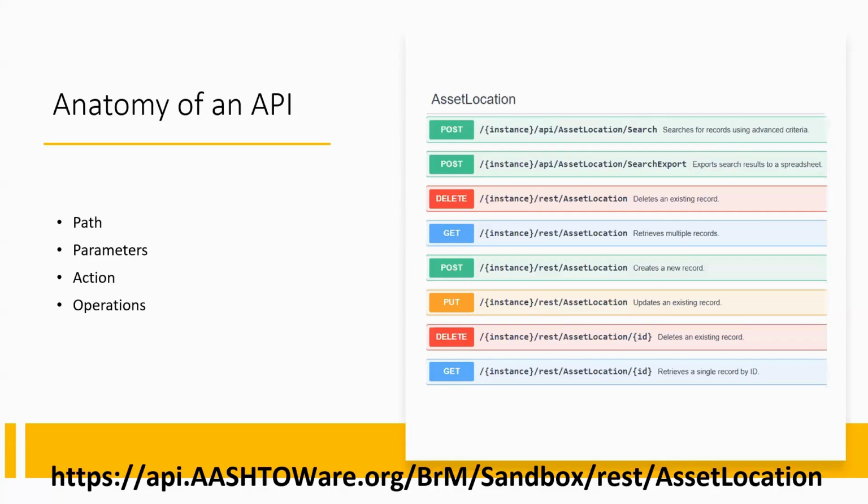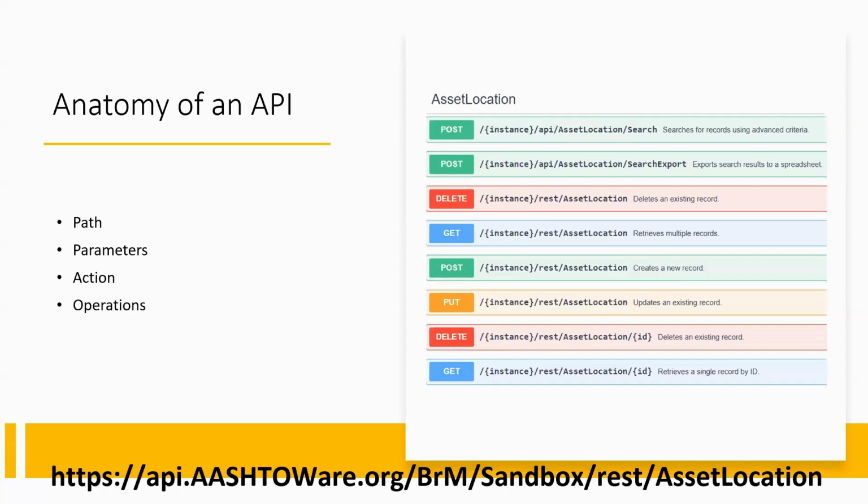or data removal through a delete, the combination of that URL, the input parameters, and the action that you're performing, those are what we will refer to as operations. So a typical operation would be to post information to the system to create something. Another typical operation would be to get something from the system as data retrieval, and then the same holds true for updates and deletes.